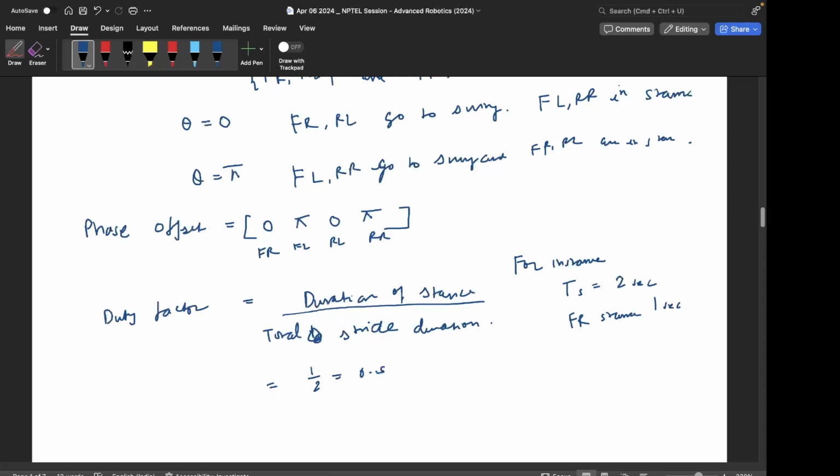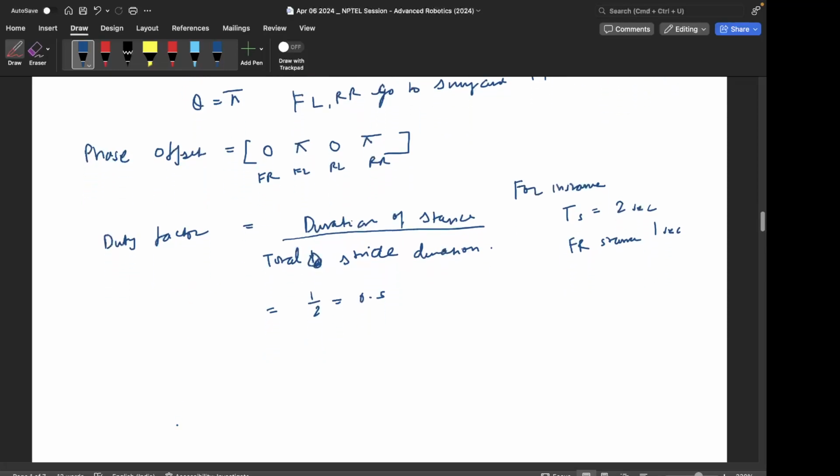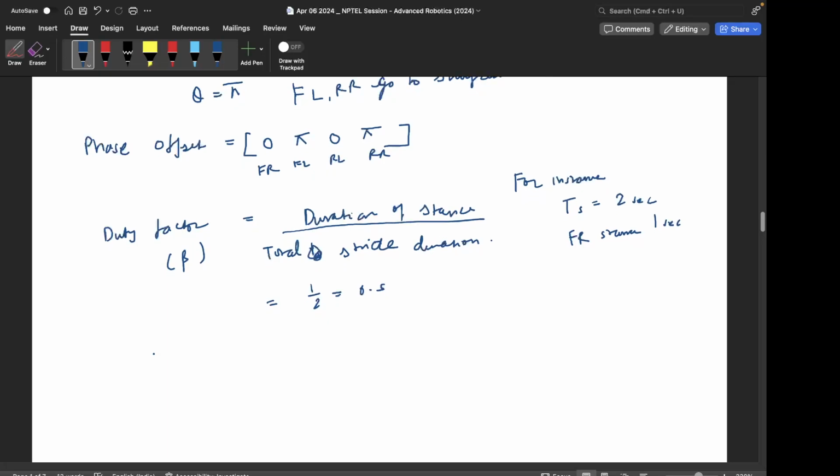So 0.5 duty factor means that the duration of stance and swing are the same. When duty factor, denoted by beta, is greater than 0.5, by this definition, stance duration is greater than swing duration, and when beta is less than 0.5, swing duration is greater than stance duration.